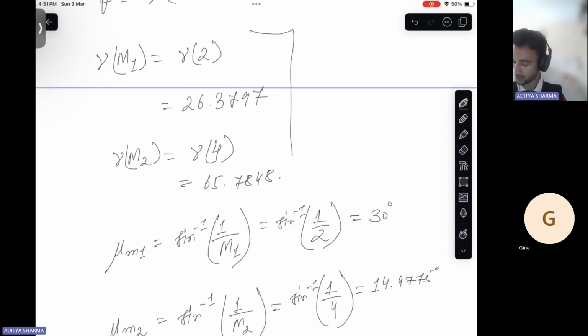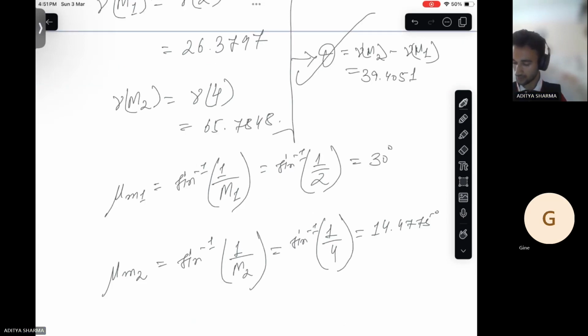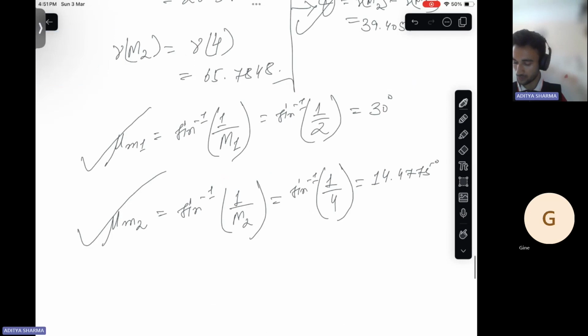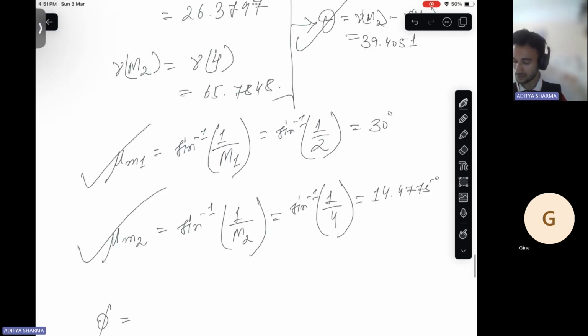From here, what we can get is theta. Theta here is nu m2 minus nu m1, so that comes out to be 39.4051. So we have theta, we have mu m1, mu m2, and we can get phi.